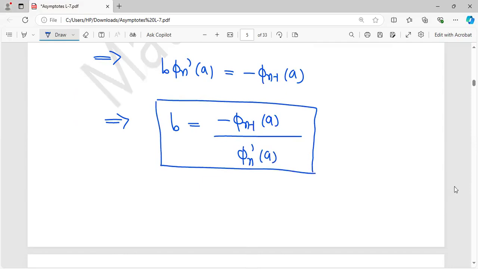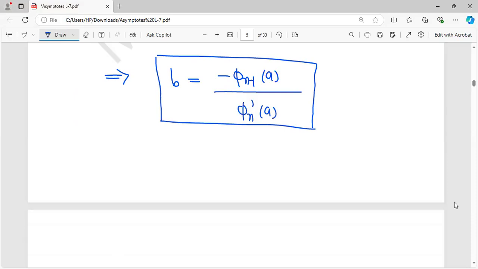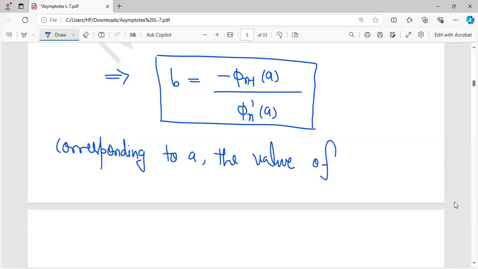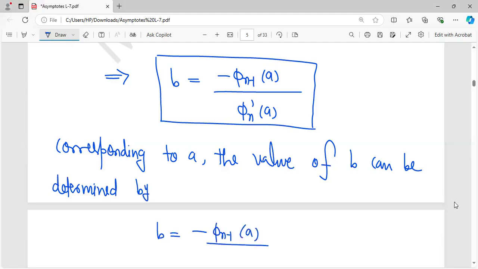So corresponding to a, the value of b can be determined by b is equal to minus phi n minus 1 (a) upon phi n dash (a), provided phi n dash (a) is not equal to 0.